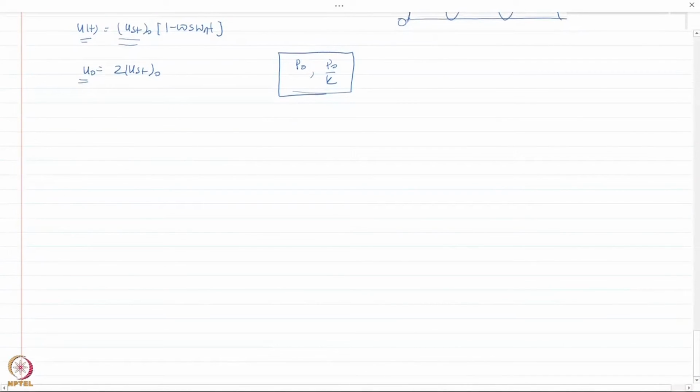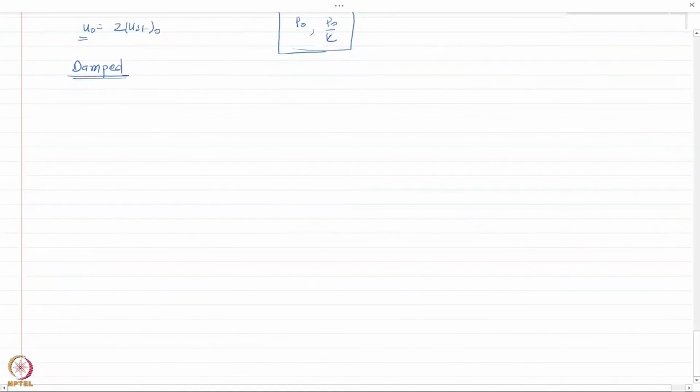We can follow the same procedure for a damped system as well. For a damped system, the response to the step force can be calculated using the same expression. You can use the Duhamel integral if you like, but you will see that it becomes very complicated in this case, and you can go ahead and perform that integration. The integrand here is from 0 to t.